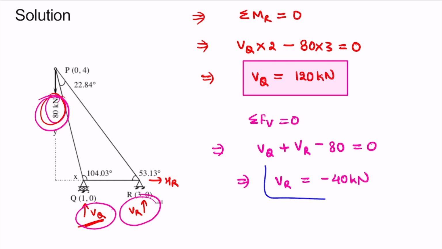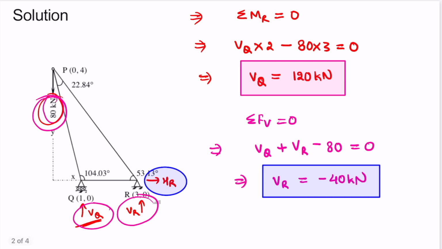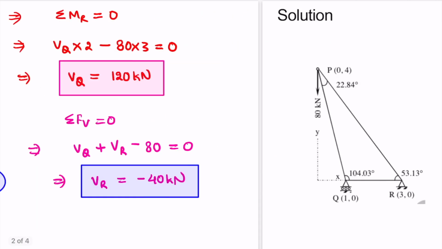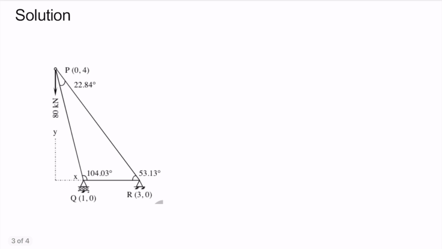Now we get the value of VQ and VR. Now we have another reaction HR. So let's calculate this also. For calculating the value of HR, we will again use the equilibrium equation. We will take moment about point P, summation of moment about point P, and put it to 0.